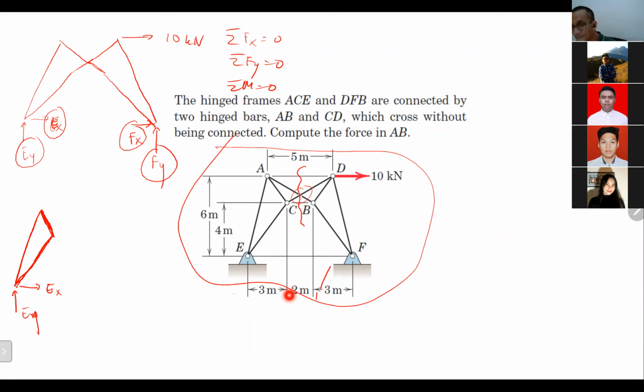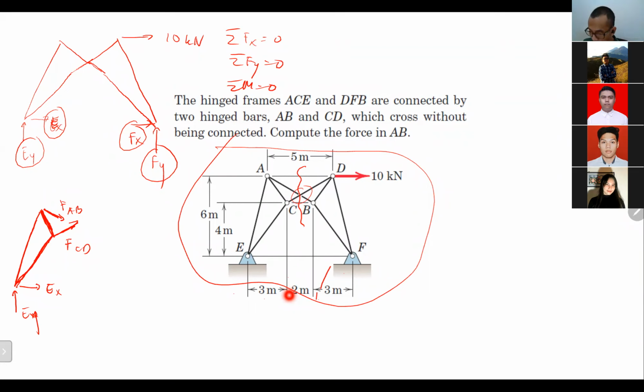If CD is under tension, where is the direction of FCD in the left free body diagram? It is top right. And AB is bottom right. FCD, this one is FAB. Something like that, right?